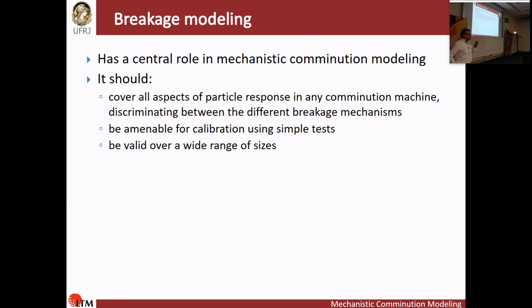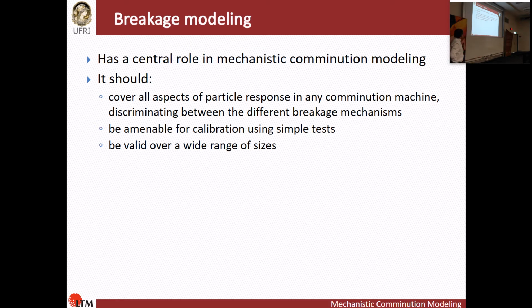So, looking at the first piece of the puzzle, in my opinion, on how to build a proper mechanistic model, it is really to understand the building blocks in comminution, which is the single event in which a particle is stressed under some conditions. This is a key piece of the puzzle in advanced comminution modeling.